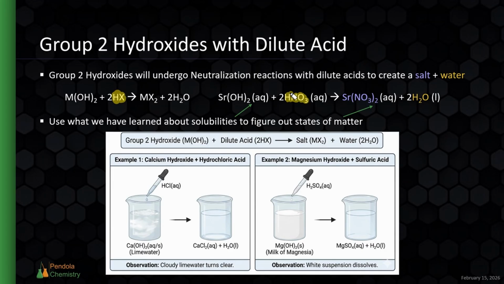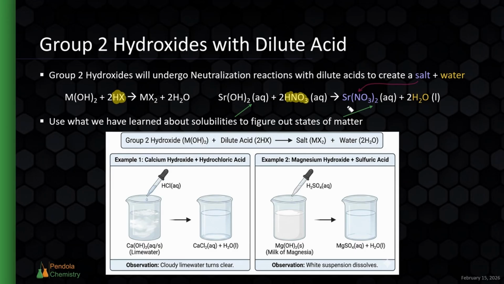and the compounds that they create are always going to be the same. We're always going to get a salt, which in the case of the strontium hydroxide with nitric acid is going to be strontium nitrate.